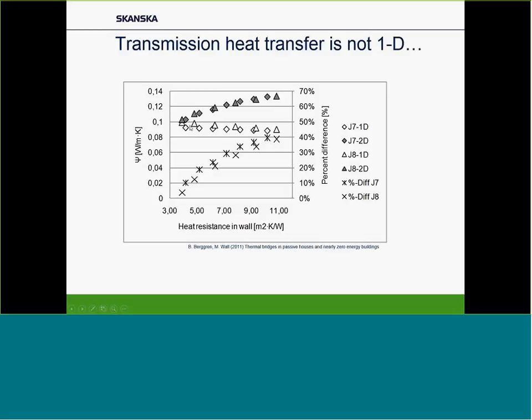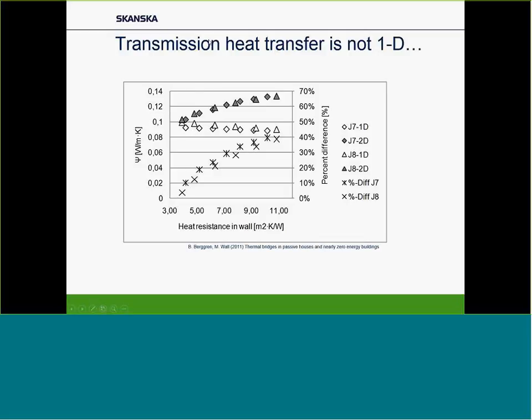What you can see in the light gray dots is, if you use these simplified methods, what would the thermal bridge value be? We just calculate a specific U value multiplied with the height of the junction. It stays quite stable around 0.1 watts per meter Kelvin.